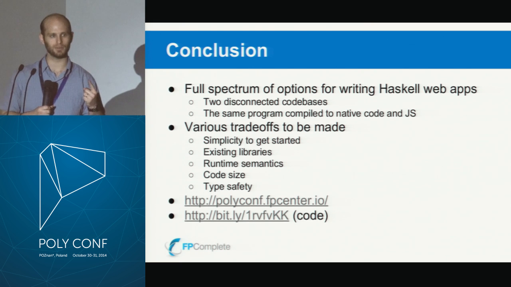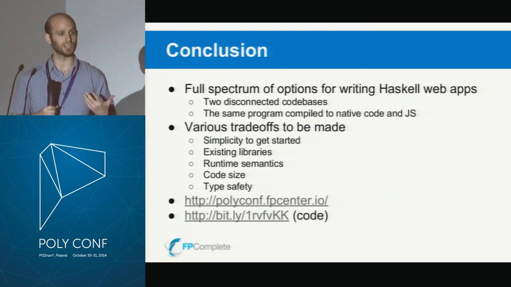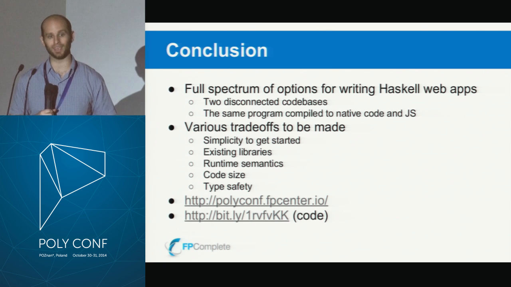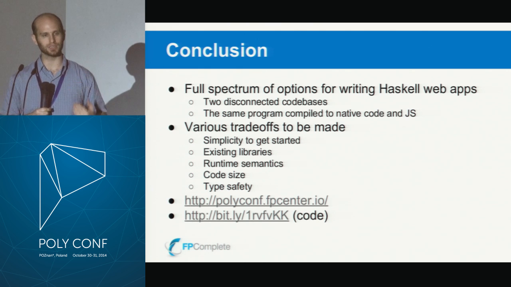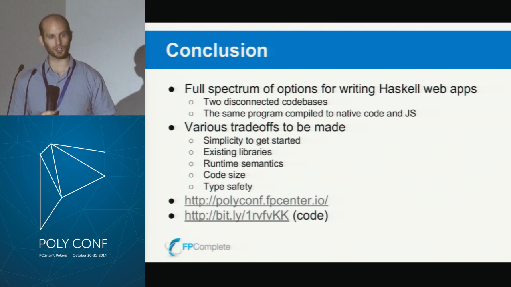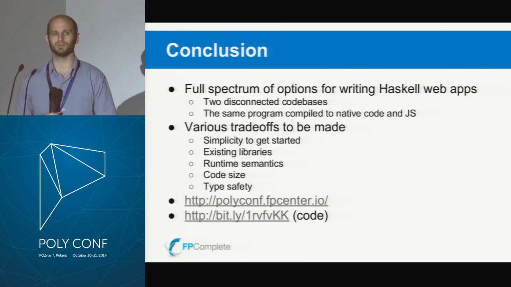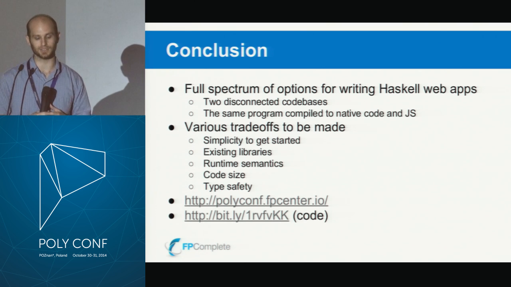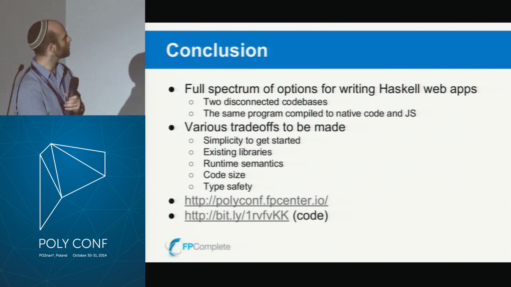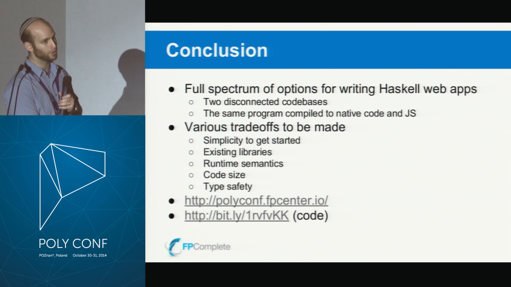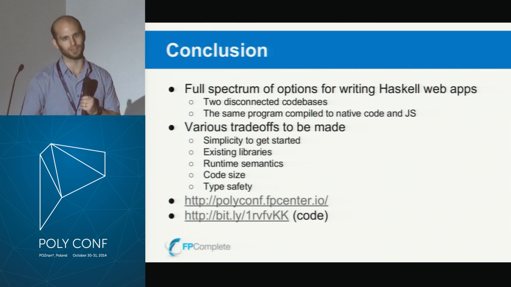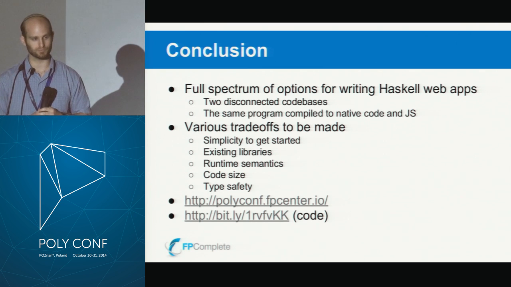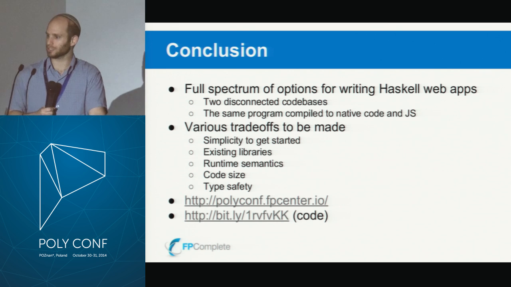My focus usually is on type safety because I care quite a bit about making web applications, or applications in general, that work and are robust. The simplicity of doing concurrency is also very important. You also have to keep in mind some of the downsides, like the code size. You can go to this URL to play with the application, and this is the minified version of the link to the code itself. Okay. Any questions?